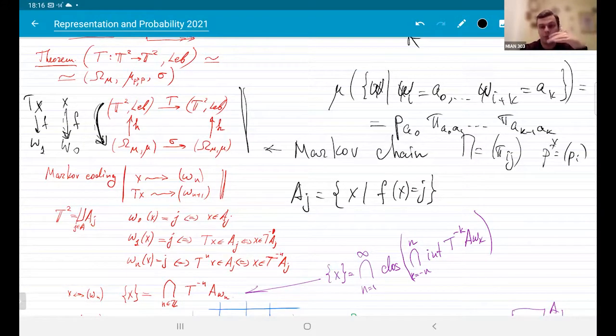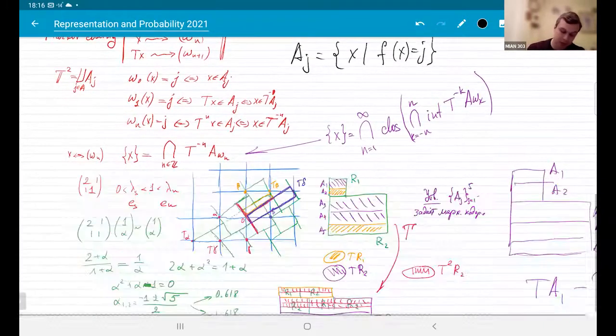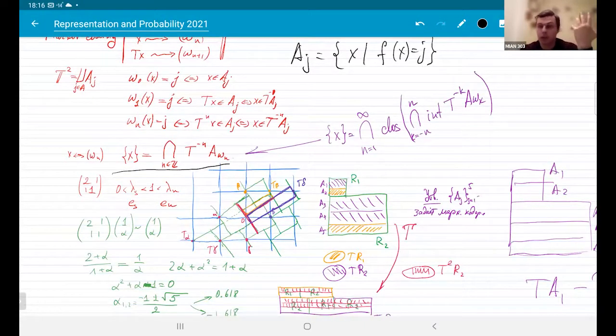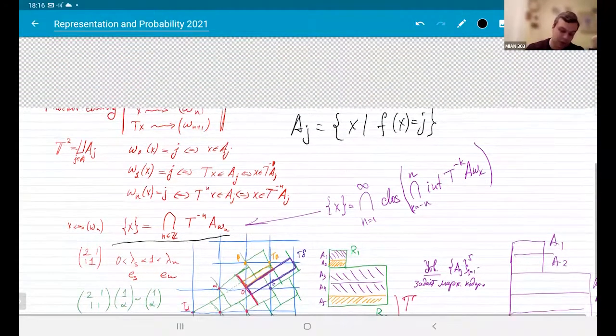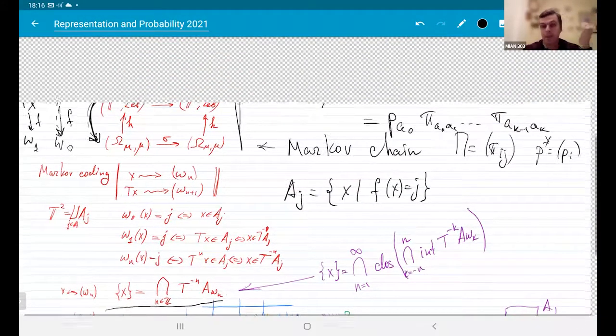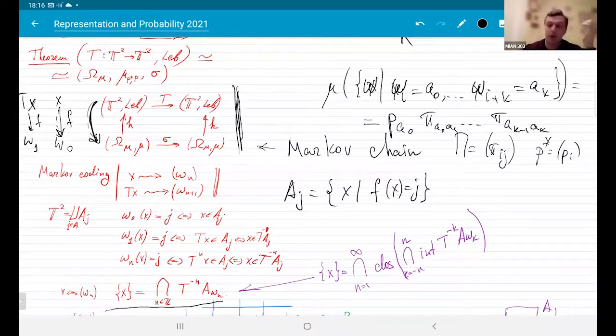And then if I somehow fix these AJs, I can write down this formula, which is exactly what I have already said: if I know that this diagram should be commutative, then this is the only way I can do this. So this was a preliminary, just a general recipe.